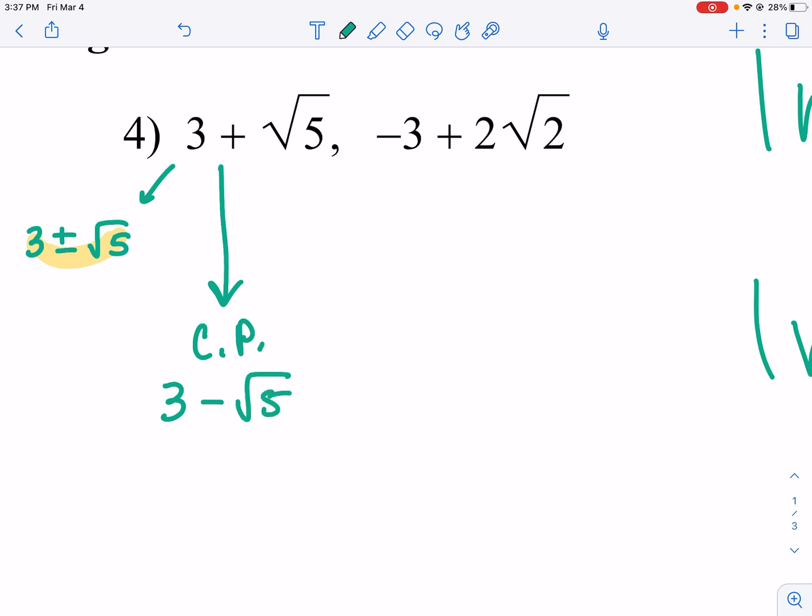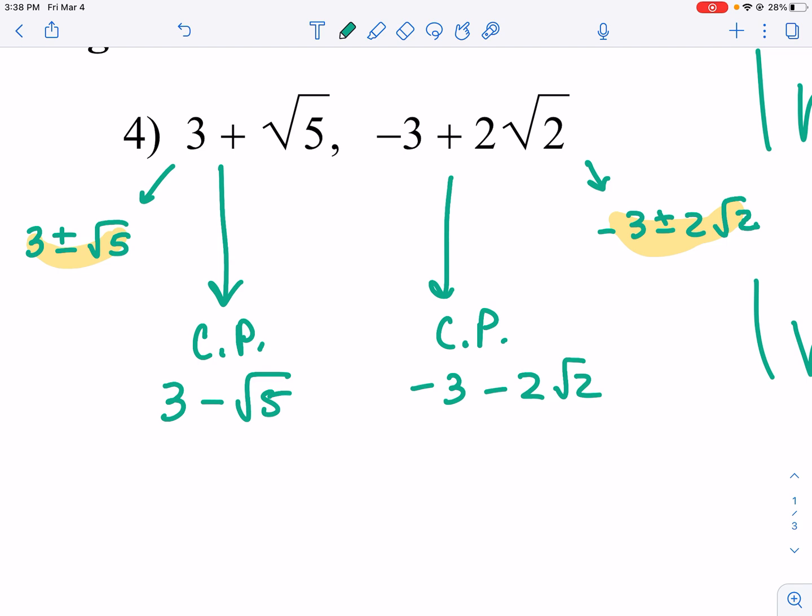And last but not least, on this one, it would have come from negative 3 plus or minus 2 radical 2. I've been given the top part, so I need the bottom part down here. So this conjugate partner would be negative 3 minus 2 radical 2. You have to keep that in mind as we continue on, because we need to make sure that we include both, or the idea that both exist.